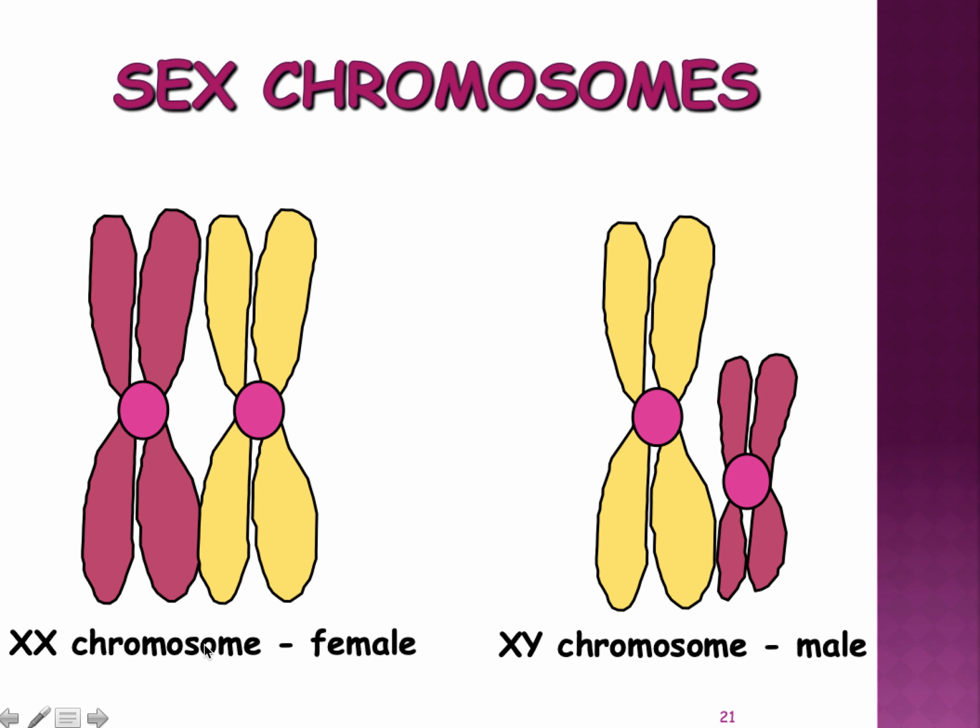If you have XX, you have a female. XX are going to look the same. If you have XY, the Y is a little bit smaller, but it's still going to match with the X. They call it XY because it actually looks more like a Y in karyotyping.